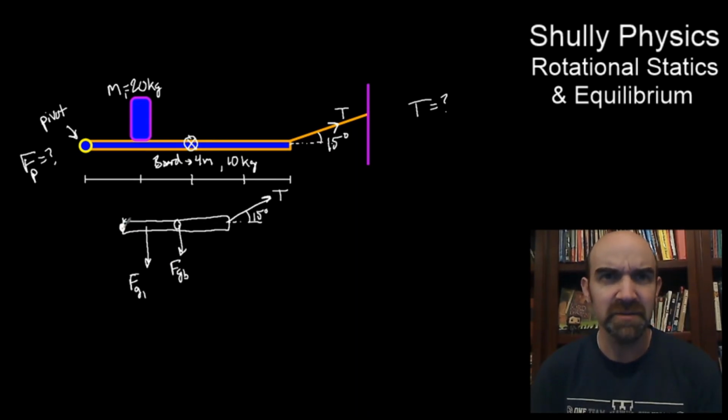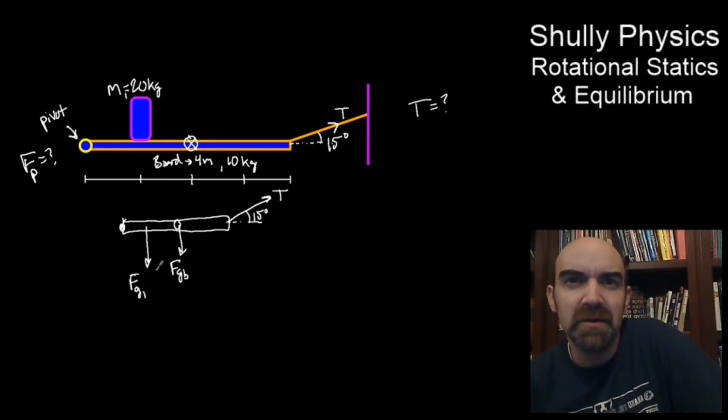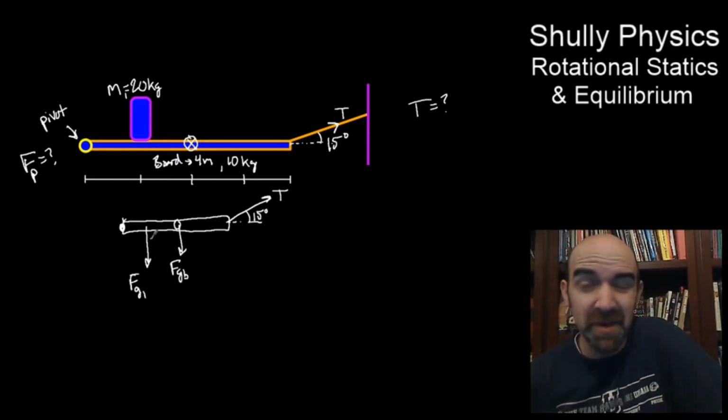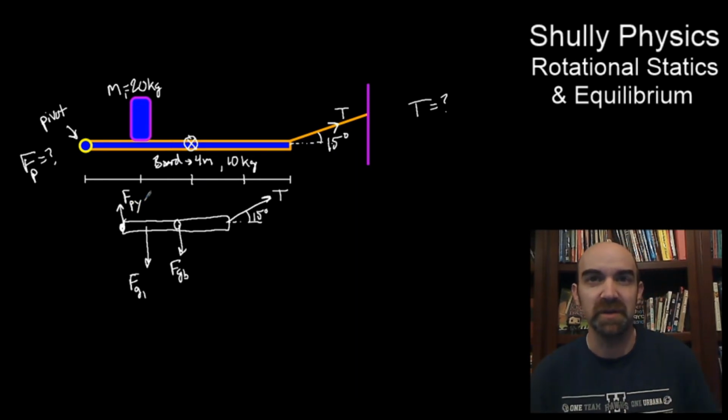And then finally, there's this pivot spot over here. Okay. Now, with this weight pulling down and an FG over here, you might imagine that at this pivot, there's an upward force to it. Okay, I'm going to call this FP in the Y direction, a vertical upward force to the pivot.